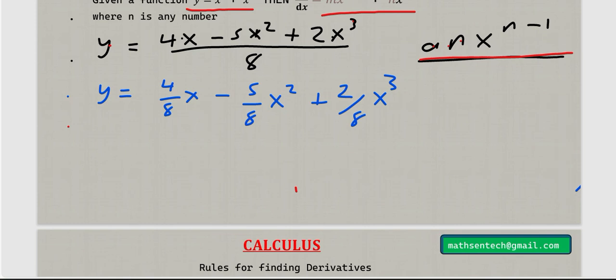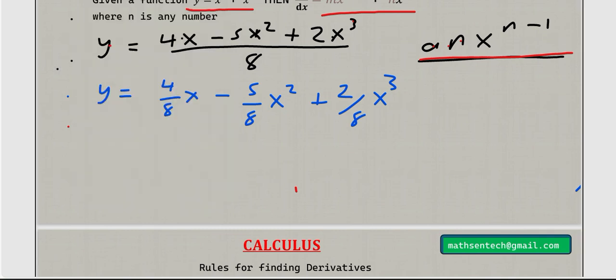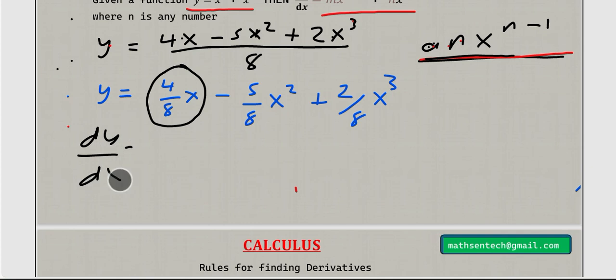So now once we have done that, now we have our a, we have our n. So in the first part, what is your a? Your a is 4 over 8, your n is 1. So now going back to our formula here, a times n is 4 over 8 times 1, which, remember, now we are getting dy by dx.